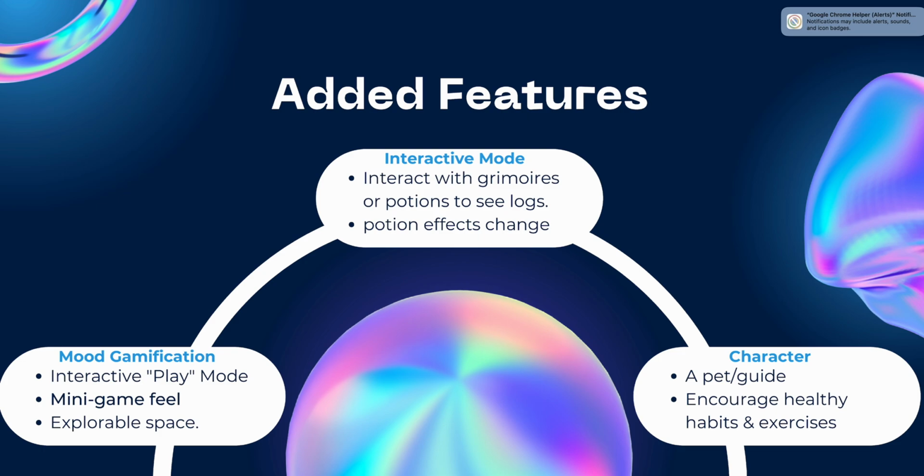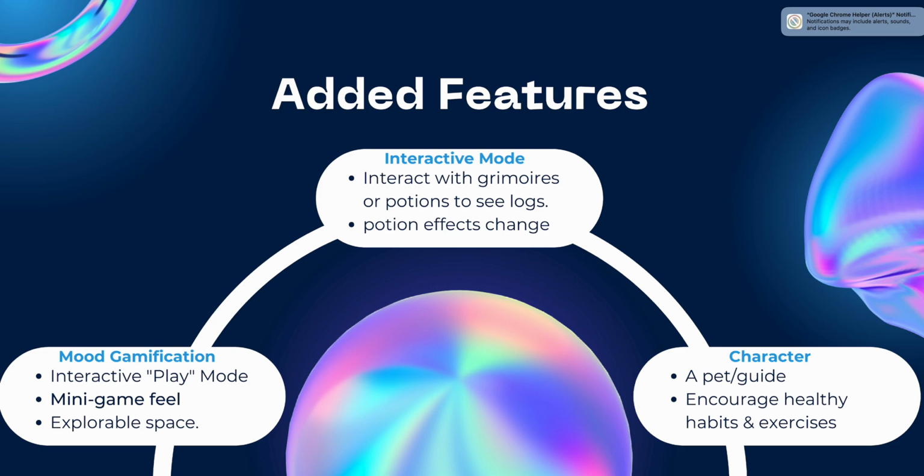Cool. The main focus of the interactive version is that when you're logging your moods in the gamified version, you'd be making potions or writing in a grimoire. If you go back and look at your history of how you were feeling each day, you'd be able to see the potion you made on this day using these emotions.